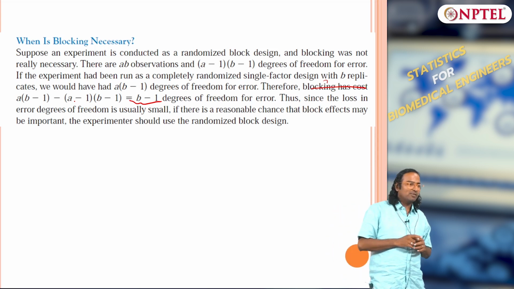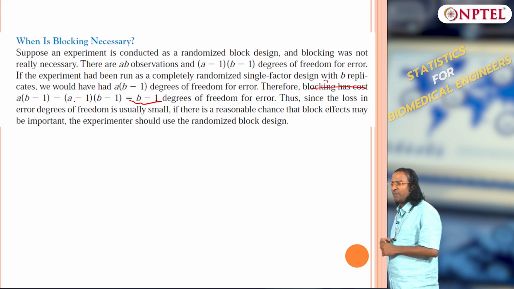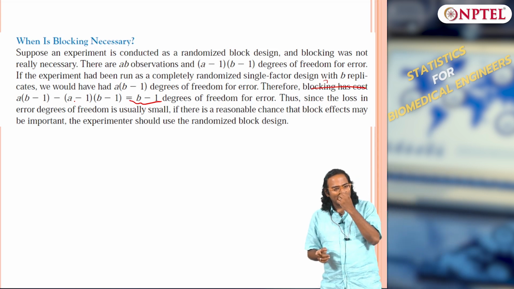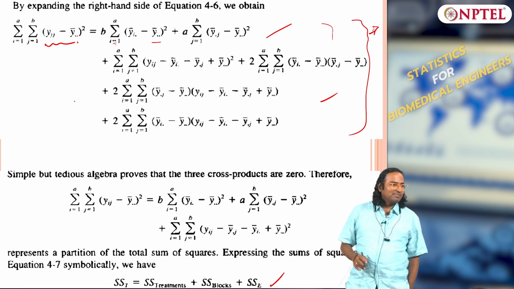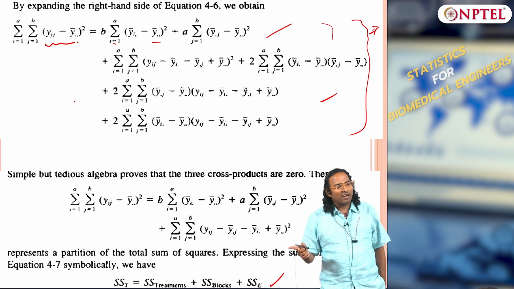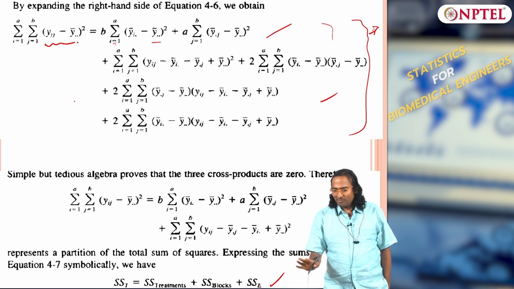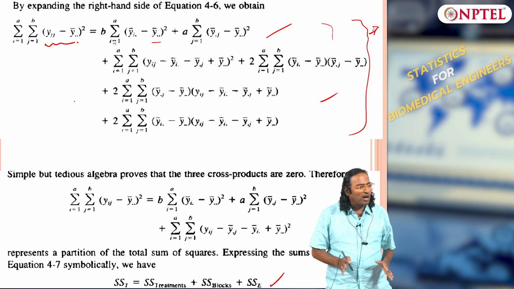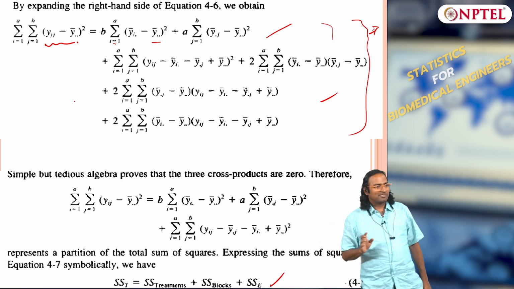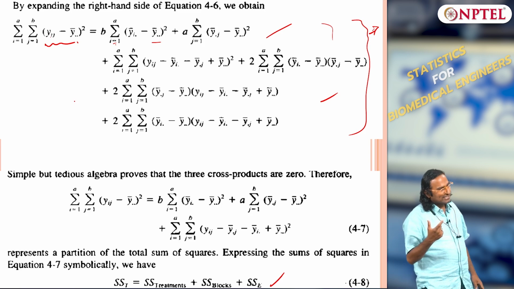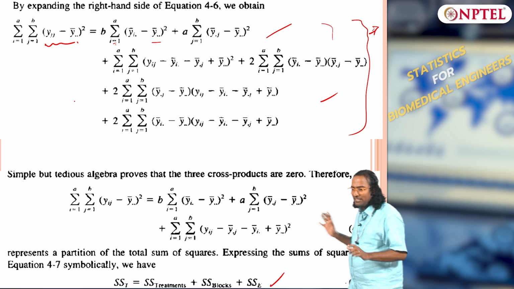So this is what blocking cost is, and the advantage of blocking, as I said, is that mean squared error goes down. So what is the benefit of blocking? Quantitatively, SSE for ANOVA minus SSE for RCBD, that difference is what you are getting as an advantage. Your SSE for ANOVA is the overall, and for RCBD it is different.